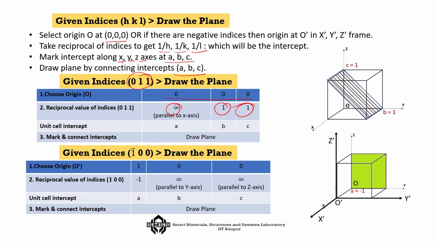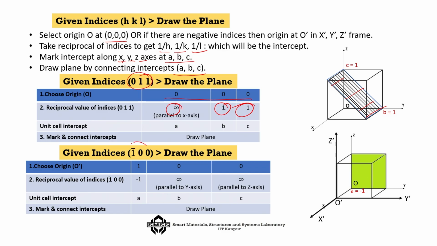Then you can draw the plane so that it does not intercept the x axis. This plane works directly on the y and z axes, without ever cutting the x axis.